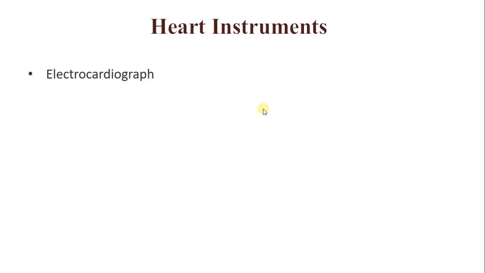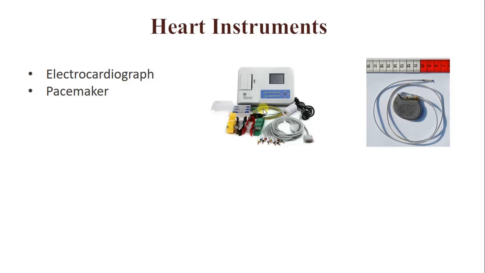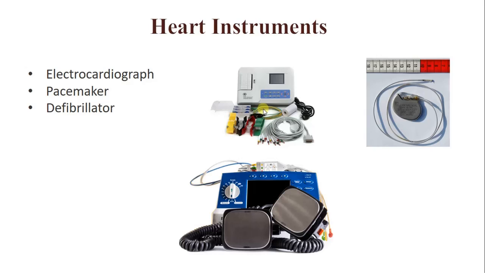Then we have electrocardiograph, which is related to the heart, and these are the different heart instruments which I am showing you right now. Electrocardiograph, that is ECG, pacemaker, defibrillators you might have seen in hospitals, which are useful for giving the temporary shocks to the patient in order to regulate their action of heart.